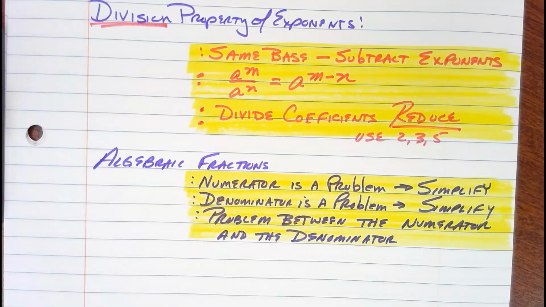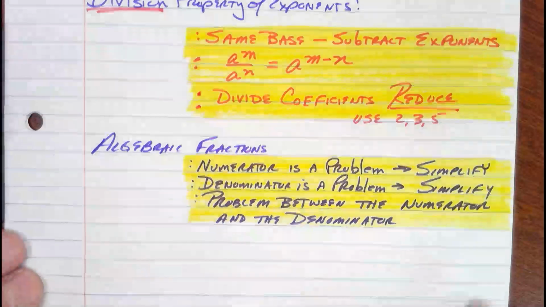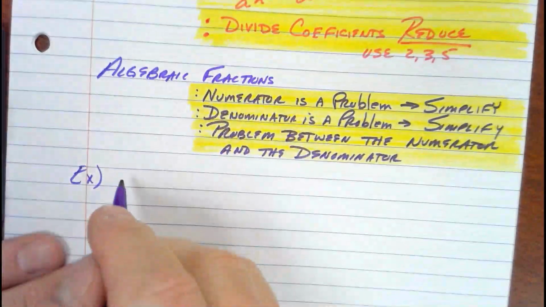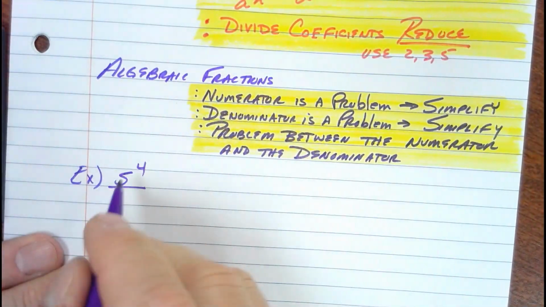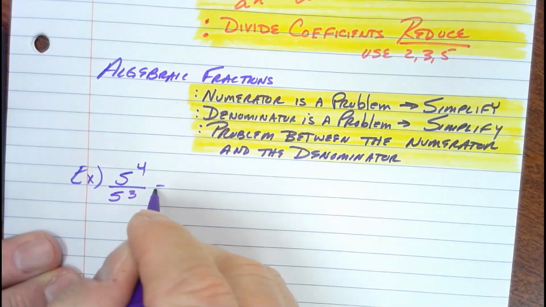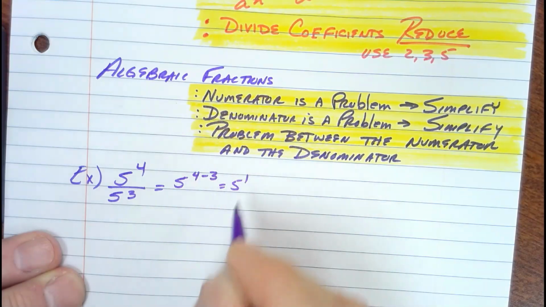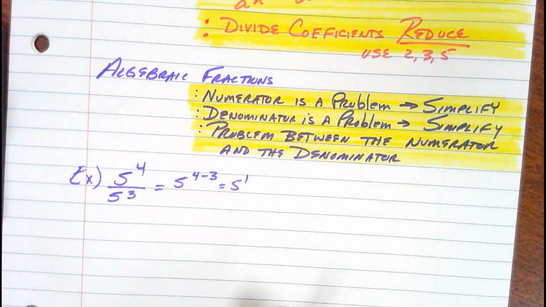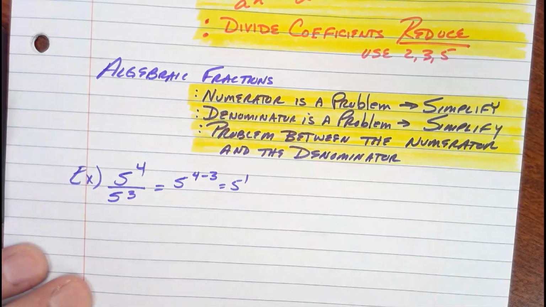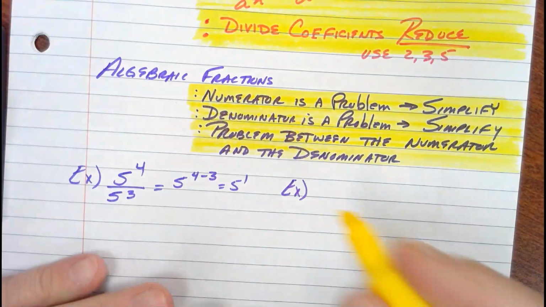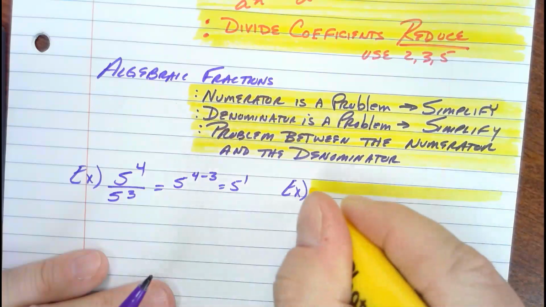And we're going to begin here with the first one. Very simple. Five to the fourth over 5 cubed is 5 to the 4 minus 3, or 5 to the first. And I hate to bring it out so quickly, but the second problem has a twist to it.